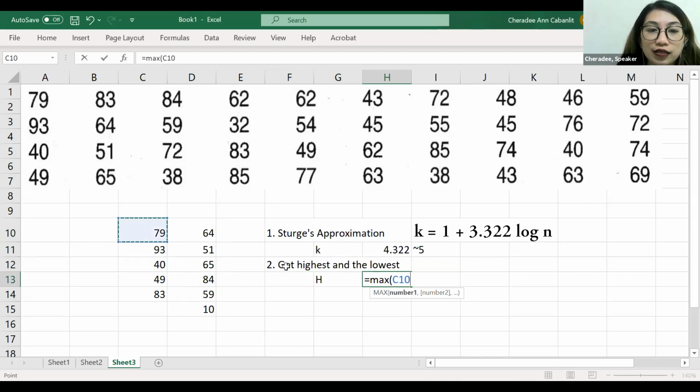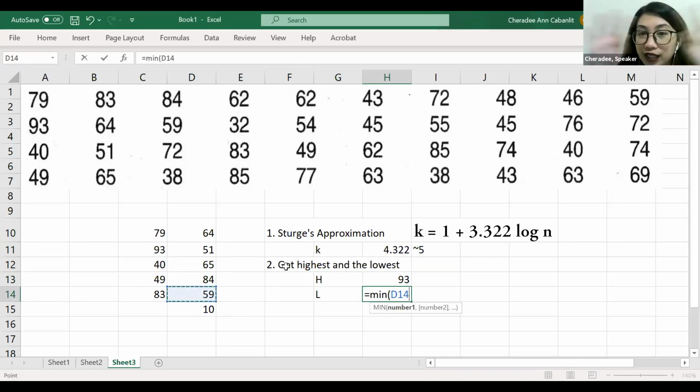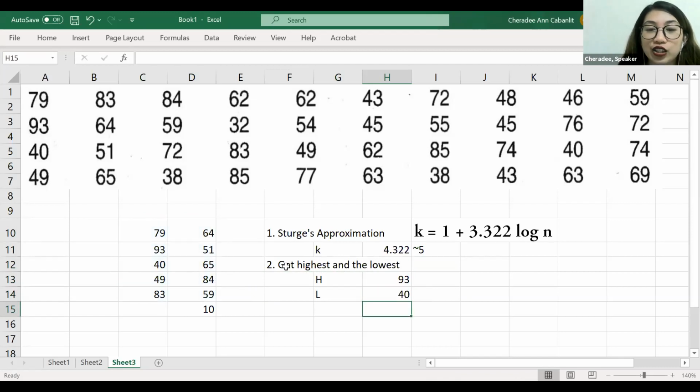So maximum is 93, and for the lowest we also have a command, min, for the minimum number. Excel does it for us. The third step is to compute for the range, which is highest minus lowest. So your R here is 53.